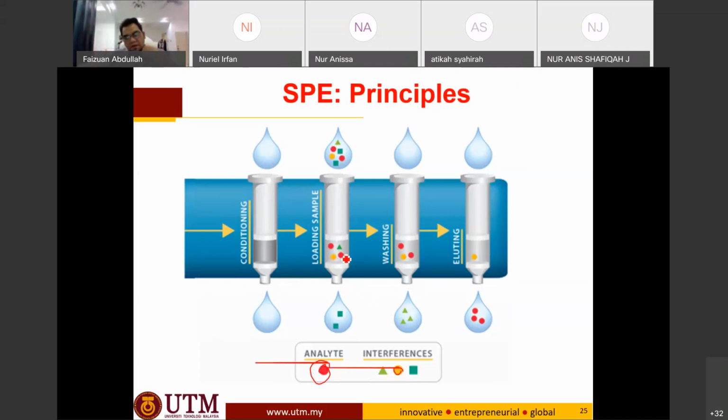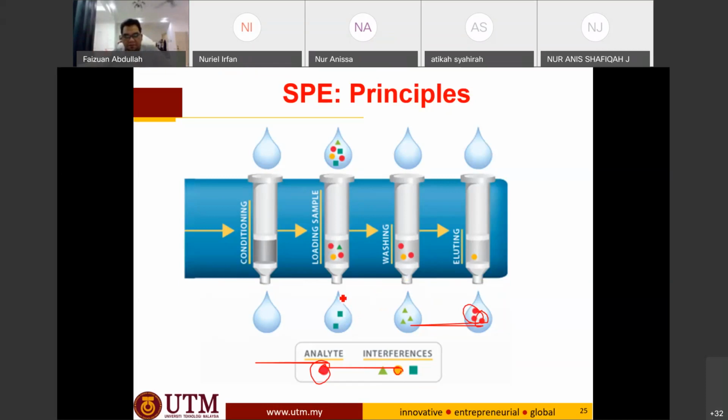the idea is we just filter out the sample together with the analyte, and also we can separate the analyte and the interference using this type of SPE extractor, right?